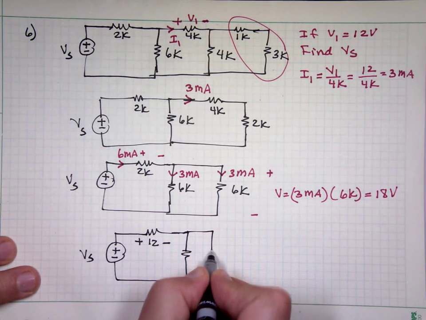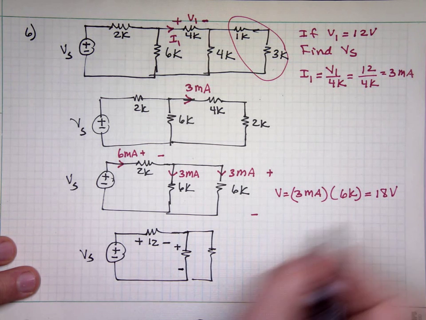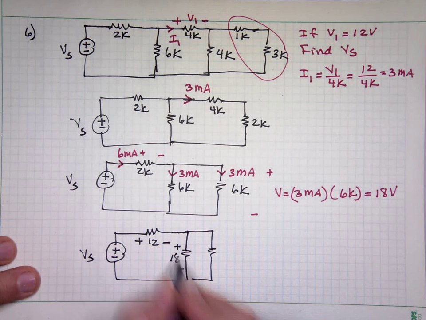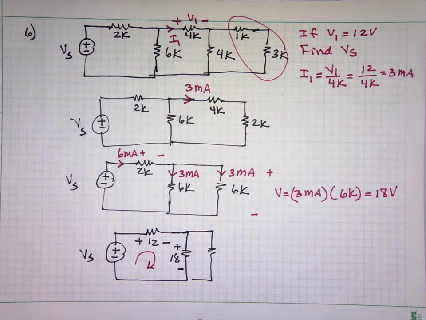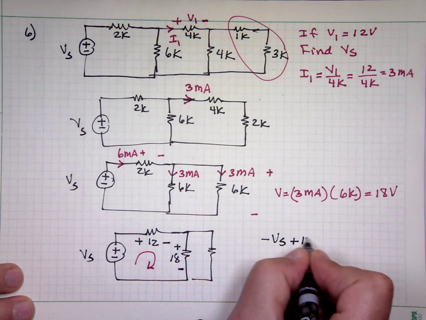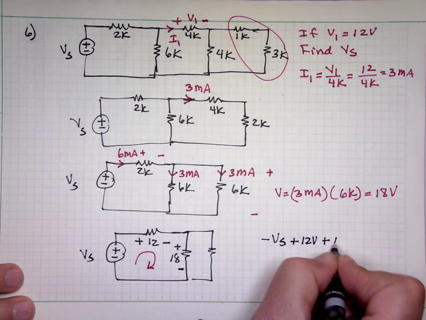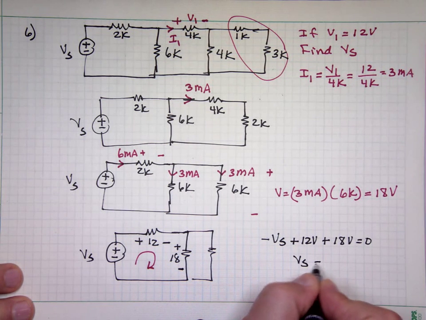There's a voltage here, plus to minus, of 18. So if I do KVL here, we have negative Vs plus 12 volts plus 18 volts is equal to 0. Vs equals 30 volts.